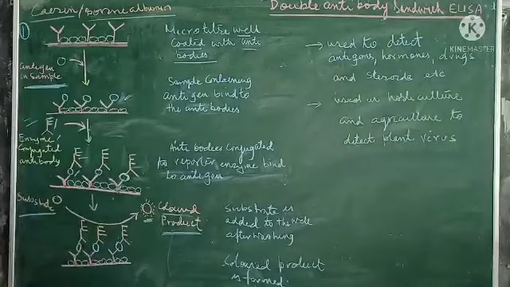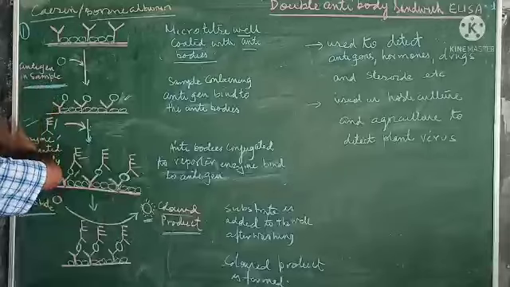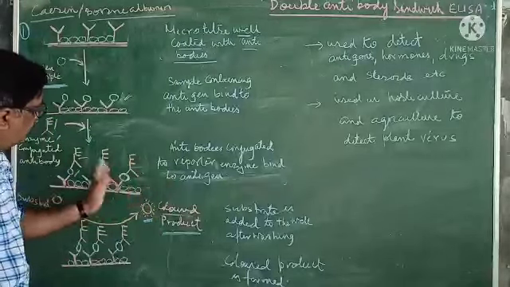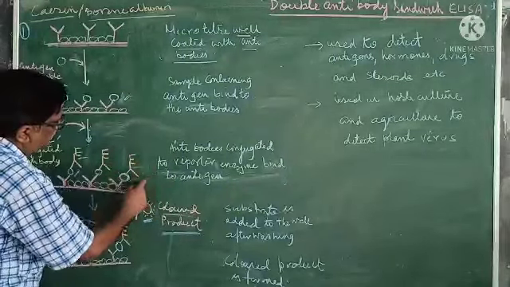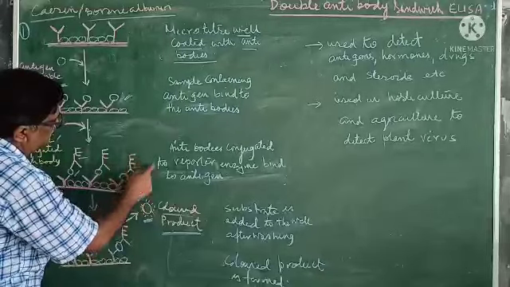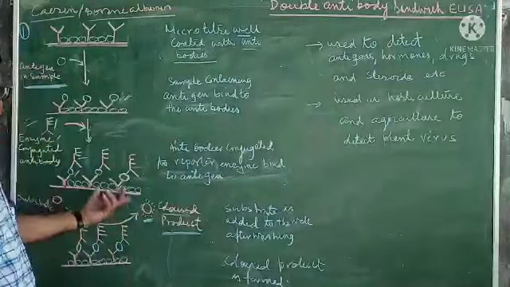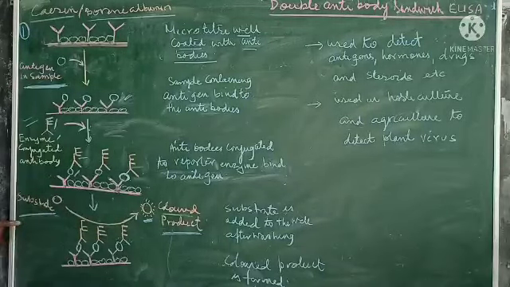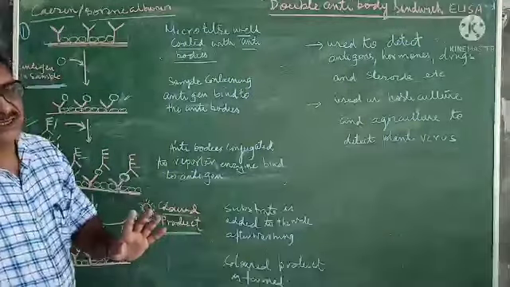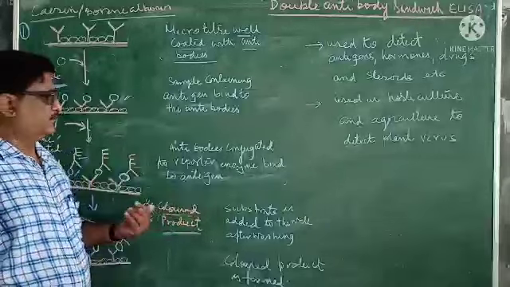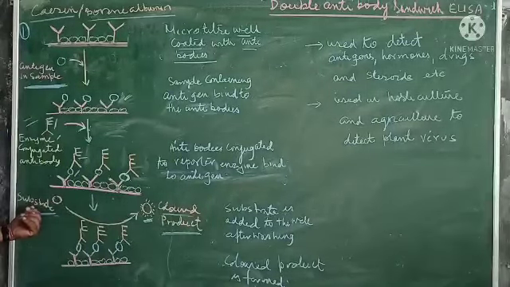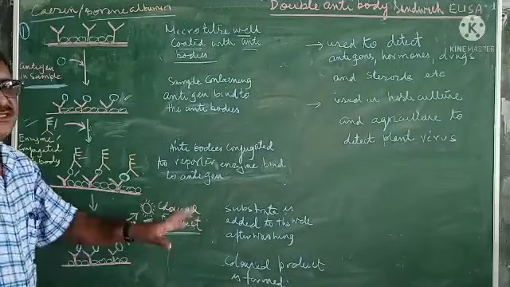If color is not developed, that means the antigen is not present, because at the time of washing all the enzyme-conjugated antibody will wash off, and no enzyme will remain in the well. Even after addition of substrate, no color will be developed, because the enzyme required for conversion of substrate into product is not present in the well.